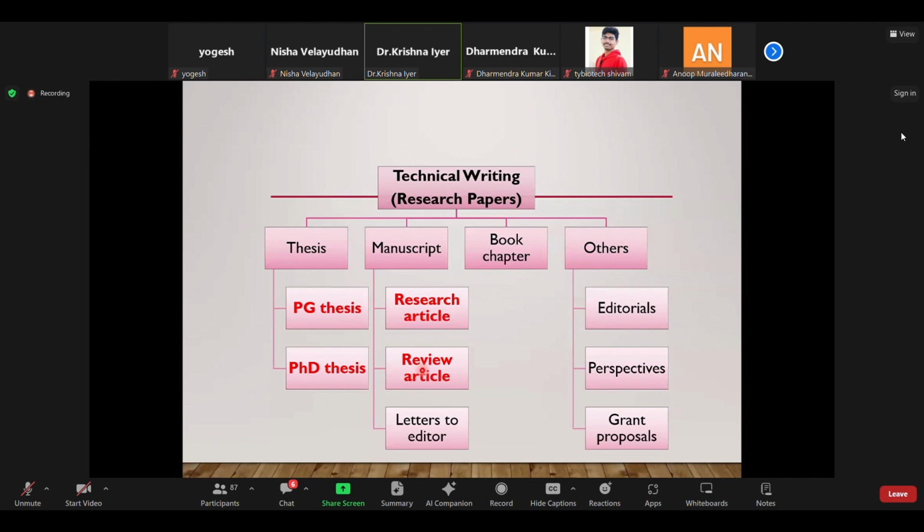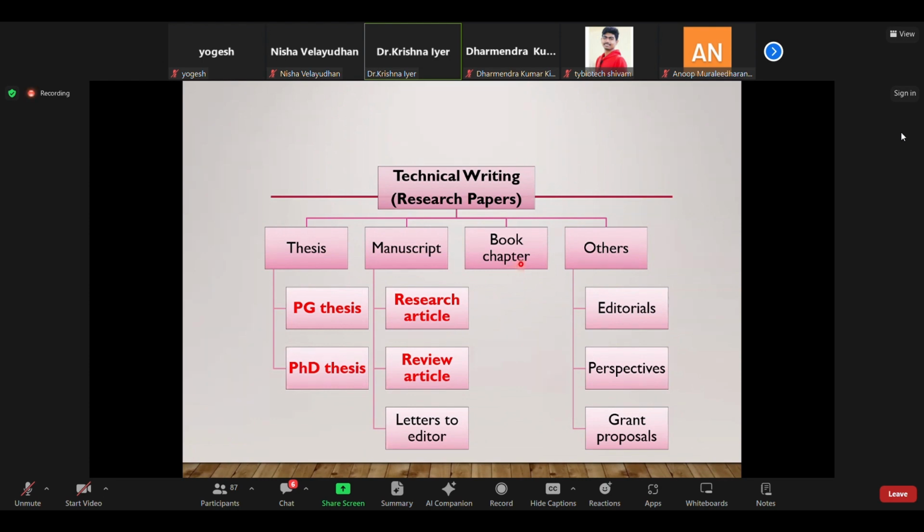And many times, you might also write to an editor when you have a comment or a clarification regarding an already published paper. Another type of technical writing is where you write a book chapter. In this case, maybe even edit a full book or write a given chapter related to your domain of expertise.